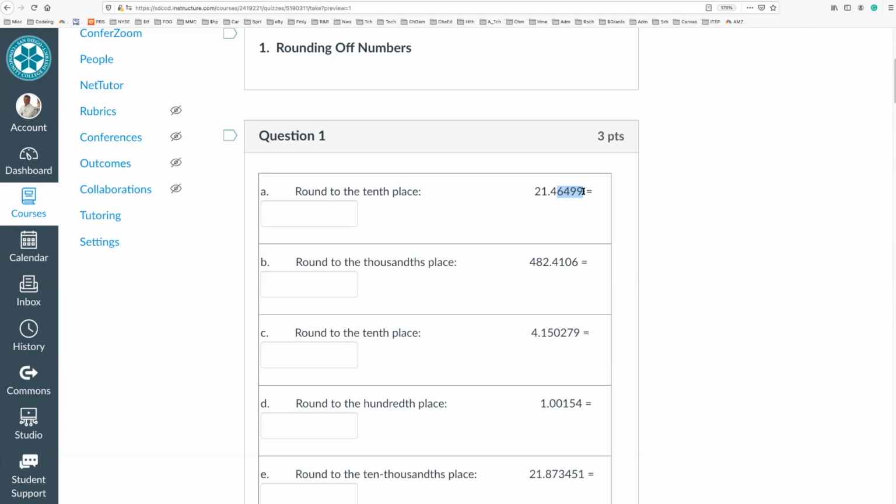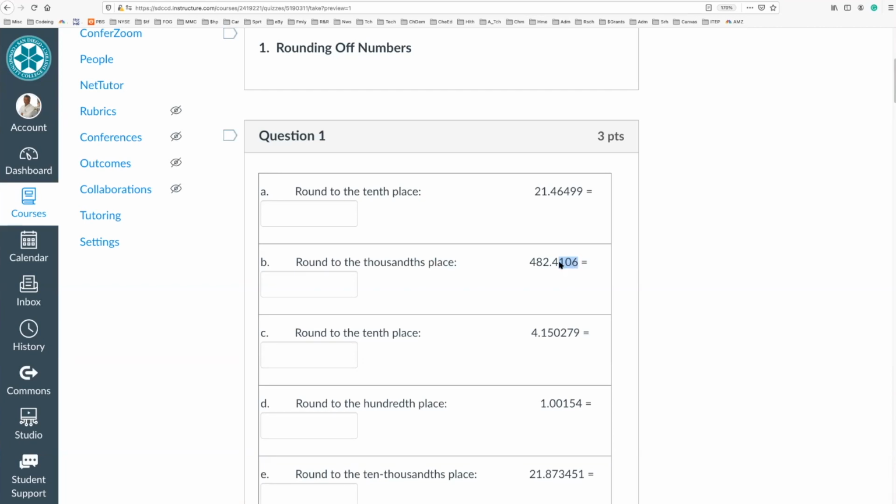If it's below 5,000, then you retain that number. So when you're rounding, always look, like right here, if I'm rounding this off to the tenth, always look at the whole number right here and see whether or not it's above or below the halfway mark.